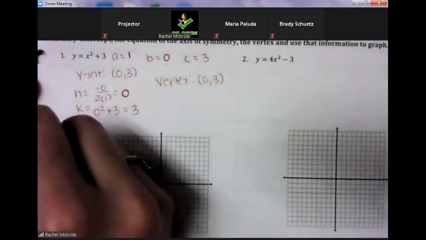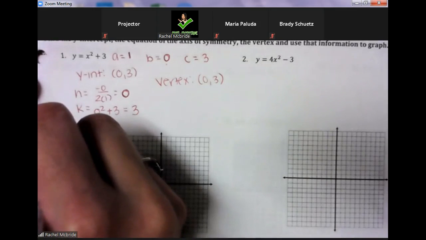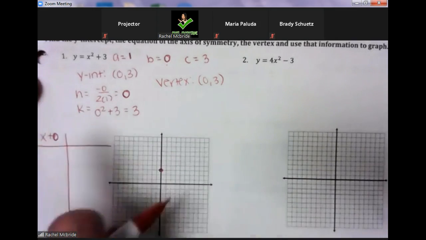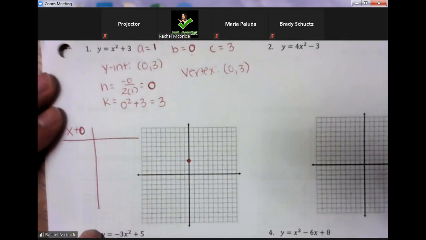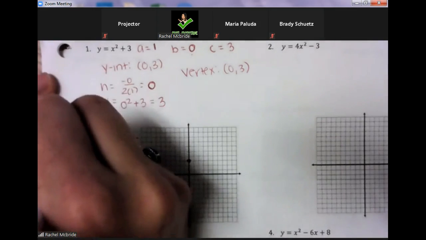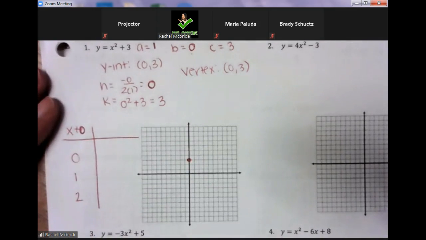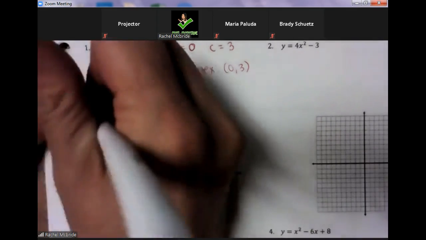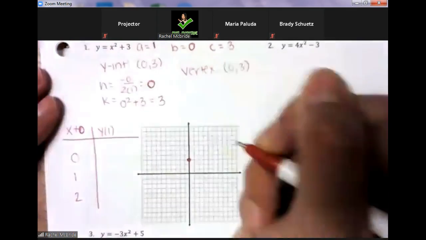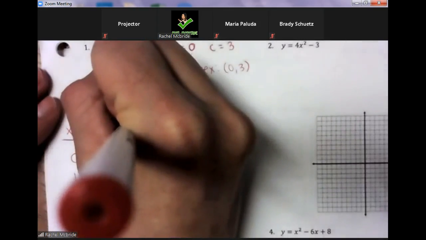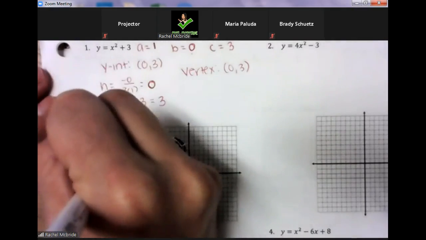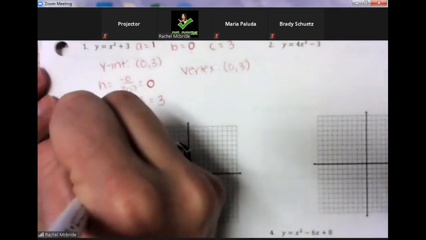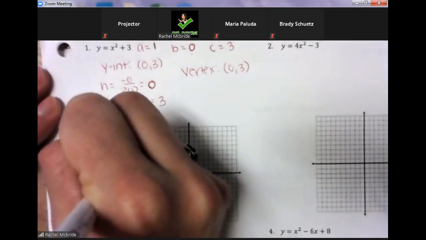So then I like to make my table. In this case, my H value is 0. So I'm going to take that 0, 1, and 2 and add 0 to them. So my X's stay 0, 1, 2. My A value is 1 and my K value is 3. So my Y values would be 0, 1, 4 times 1 plus 3.